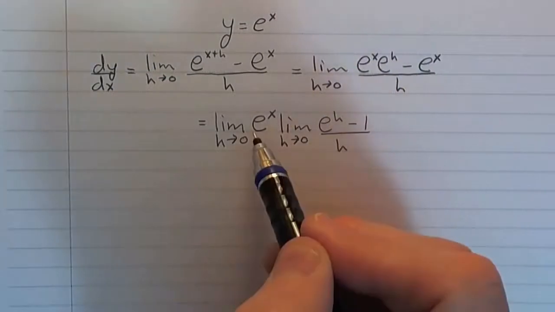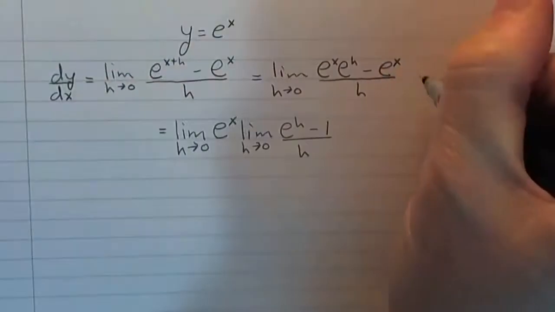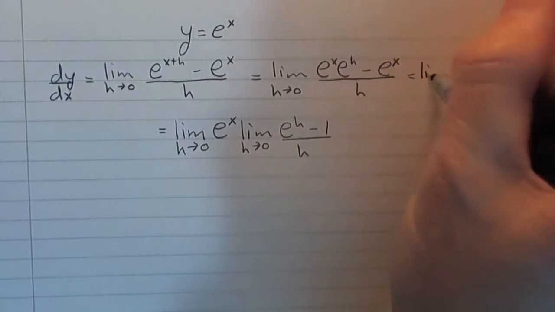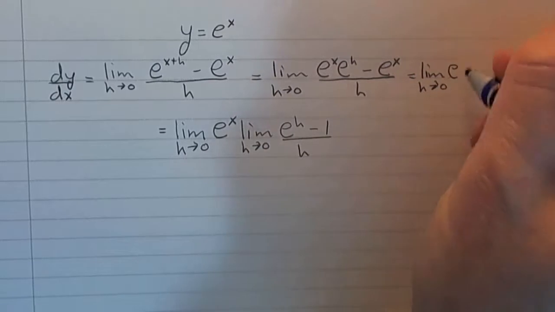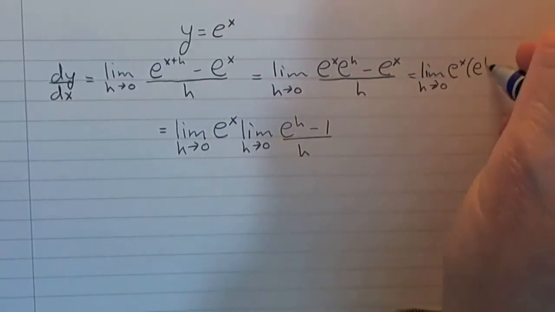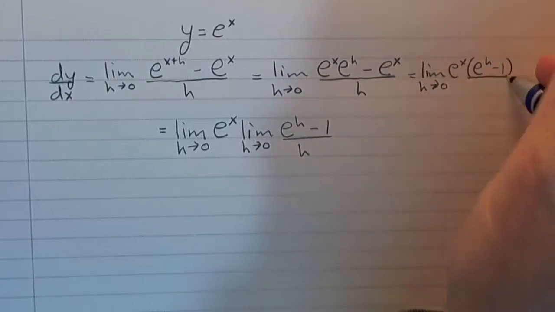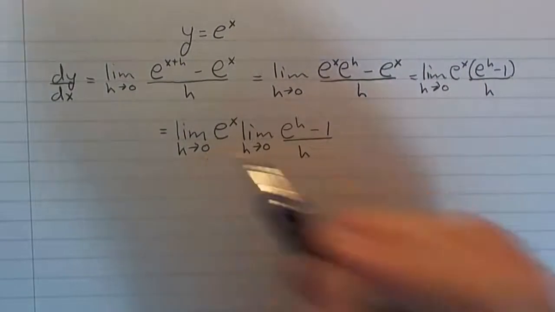I just factored it out and put it out front. So let me put in an intermediate step here. This is the limit as h goes to 0 of e to the x times e to the h minus 1 over h. Okay, and then I just went ahead and put the e to the x out front.